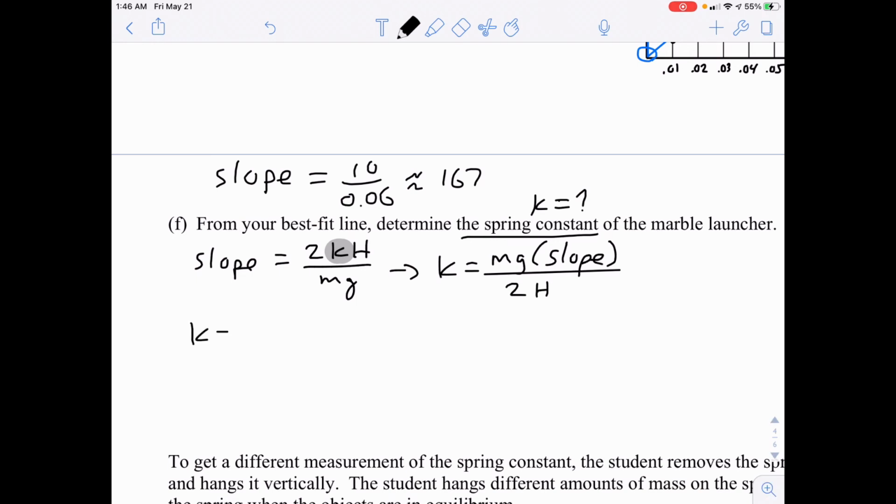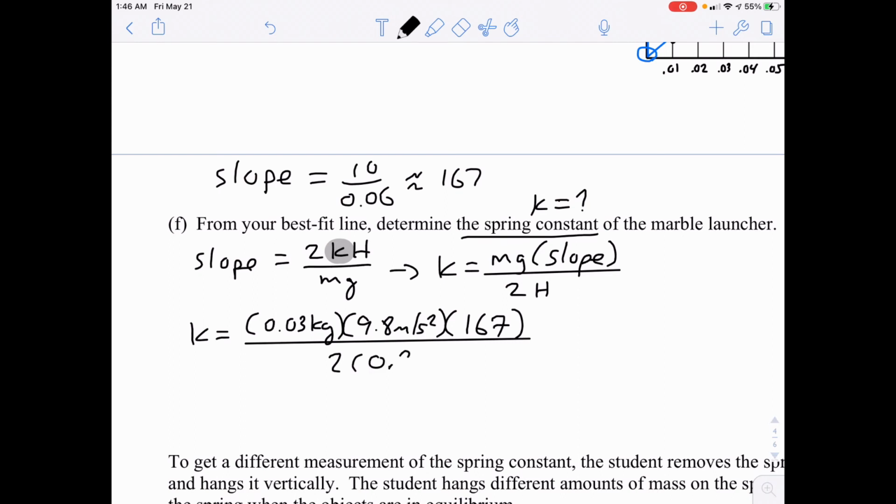So K is going to be equal to the mass, which was 0.03 kilograms, given in the problem, times g, which we were asked to use 9.8, times the slope, about 167, over 2 times 0.8 meters. Let's see what the approximate spring constant would be.